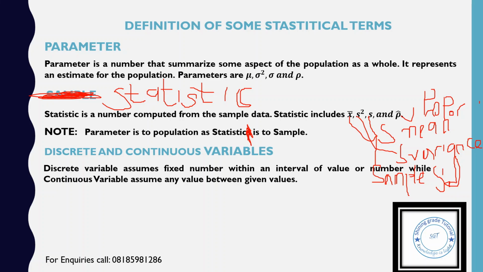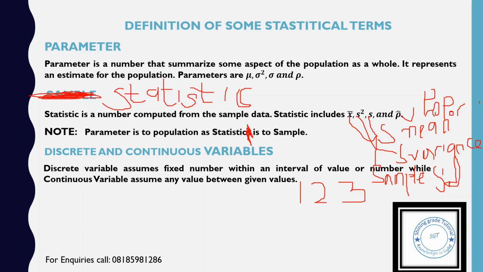Within 1 and 3 we can only have a discrete value, which is 2. Within 1 and 2 there is just an interval of 1, so the discrete variable there is 1. So any number within an interval that has a fixed value is a discrete variable. So 1, 2, 3, 4, 5 are discrete variables.